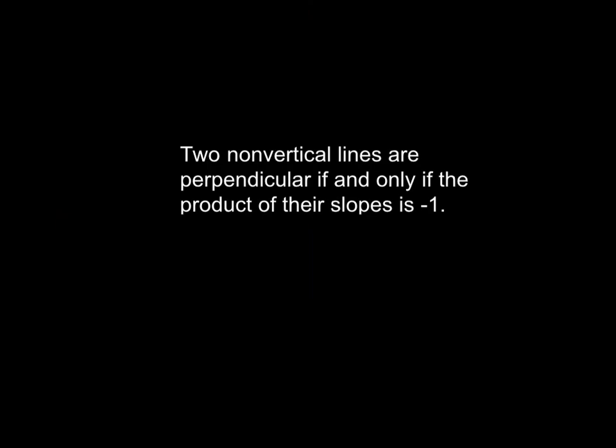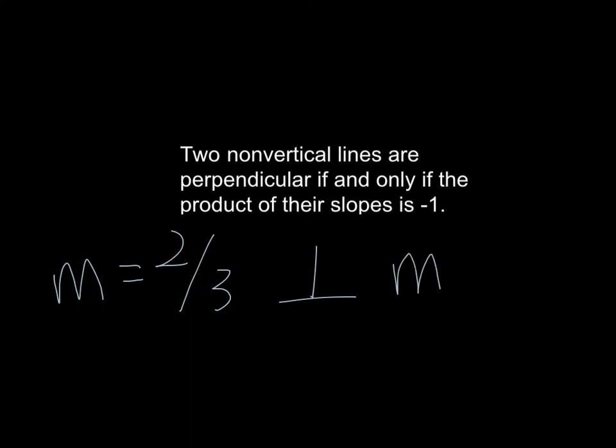So this means that if a line has a slope of 2/3, the line that is perpendicular to it would have a slope that is negative 3/2. You would take the fraction, flip it, so the 3 goes from the bottom to the top, 2 goes from top to the bottom, and multiply by negative 1, also called the negative reciprocal.